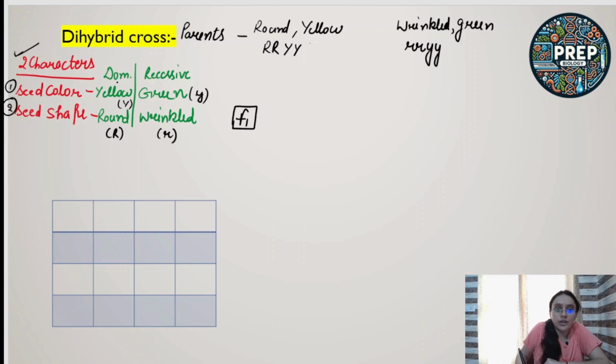According to Mendel, under seed color we have two traits, yellow seed color and green seed color. Yellow seed color is dominant and green is recessive. Yellow is dominant, that's why we write it as capital Y, and recessive is small y.